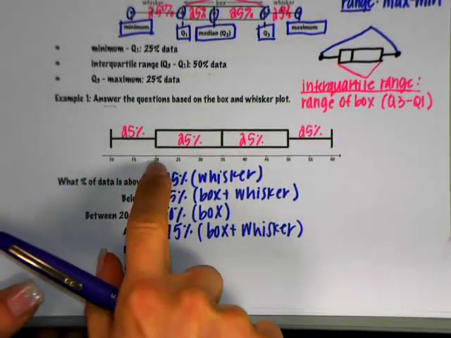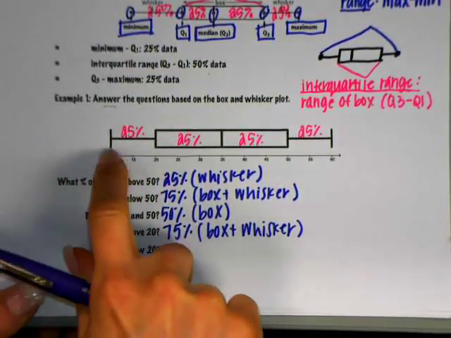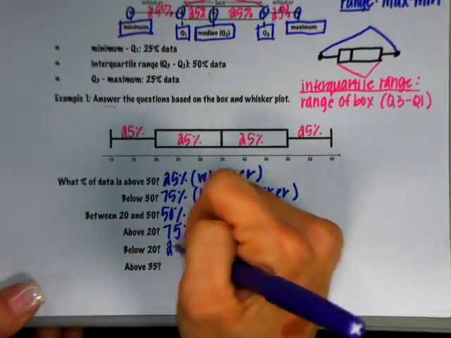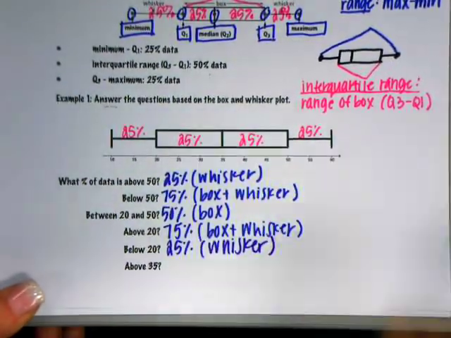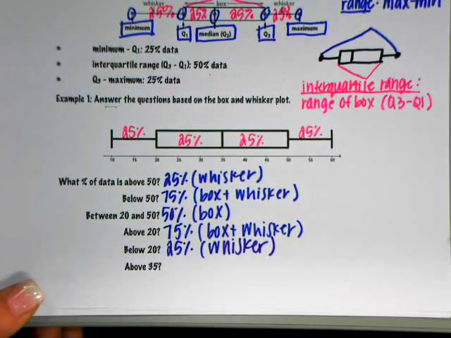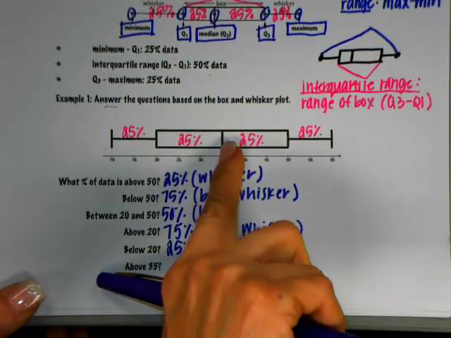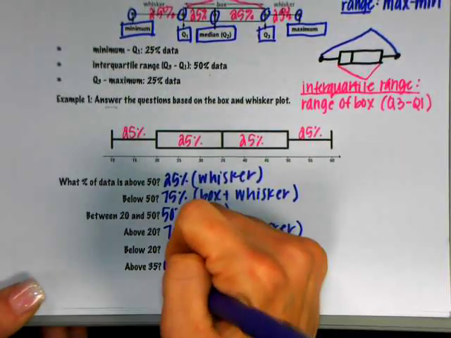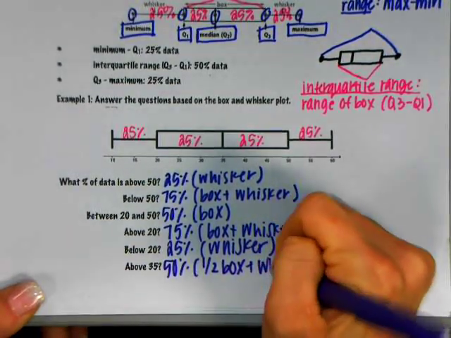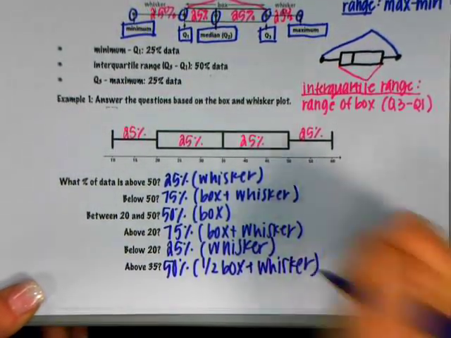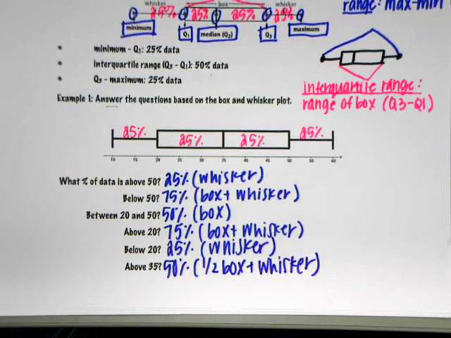So here's 20. So below 20 would just be a whisker. So how much is that? Yep. Okay, and then above 35. So from here over. Yeah. Because it's half the box and then a whisker. Any questions on that?